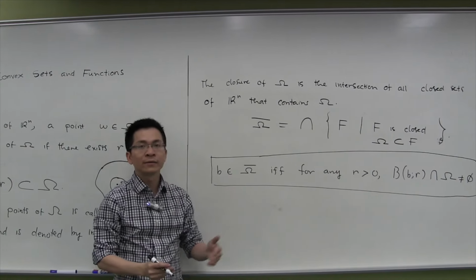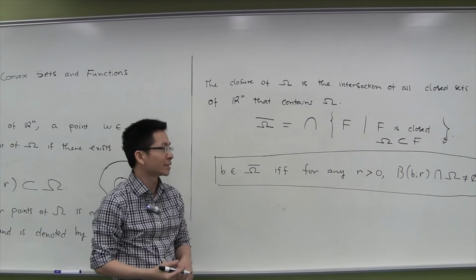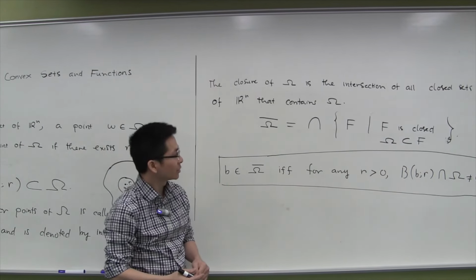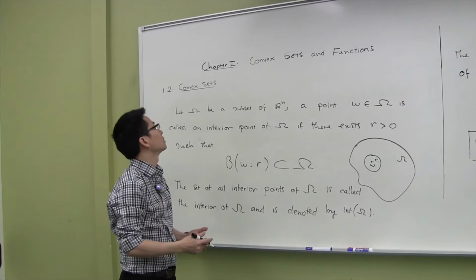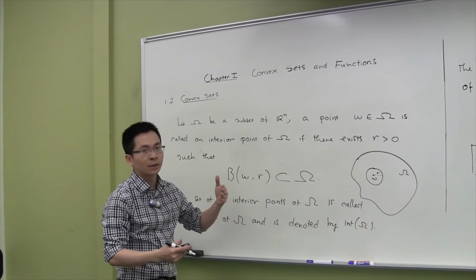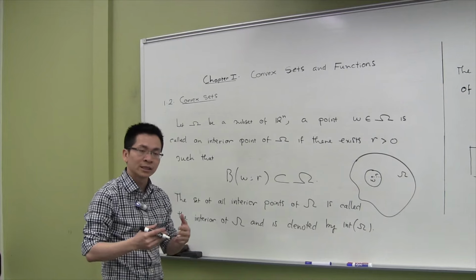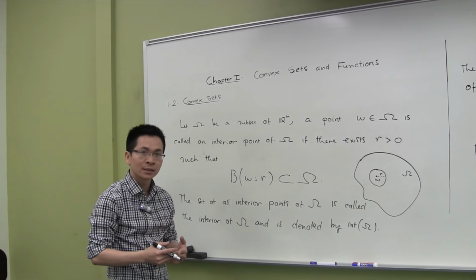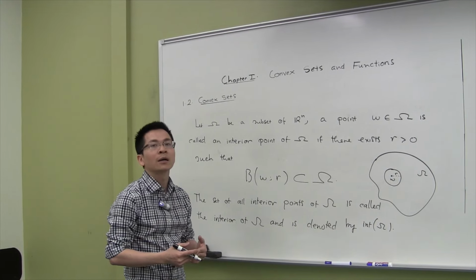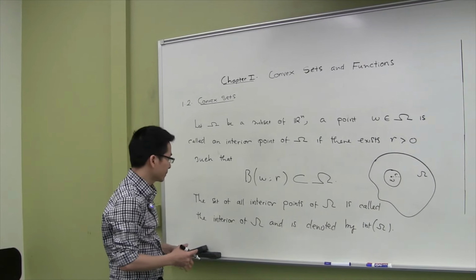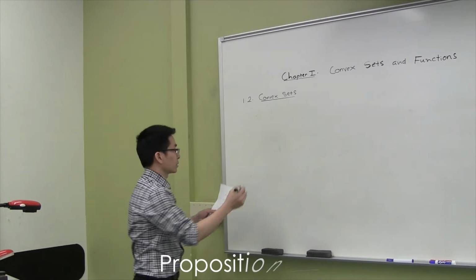So we can find these properties in most of the textbooks on real analysis. Okay. So next we're gonna talk about the closure and the interior of convex sets. We're gonna show that if a set omega is convex, then its interior and closure are convex sets as well. Okay. This is proposition 1.29 from the textbook.